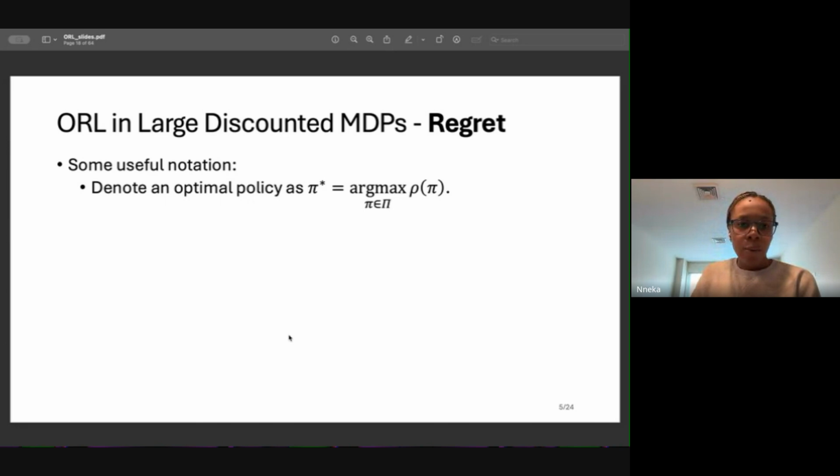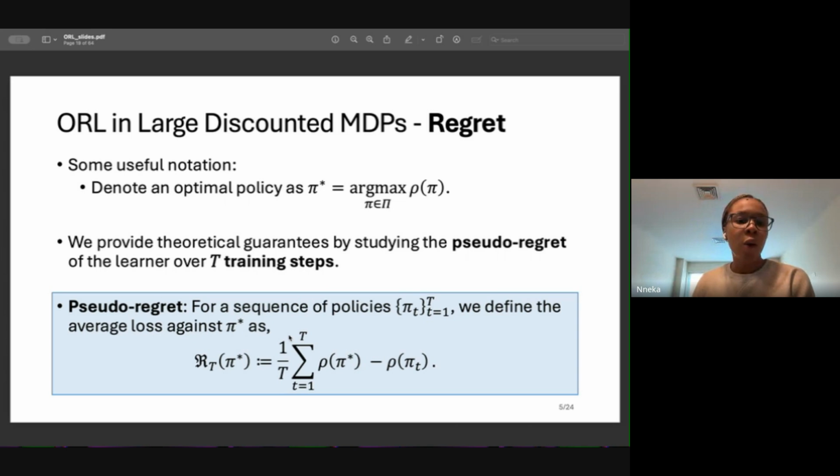Also, we refer to an optimal policy as pi star. And in order to develop theoretical guarantees, we measure performance in terms of the pseudo-regret of any learning algorithm over T training steps, where the pseudo-regret is denoted by R_T of pi star and is by definition as shown.